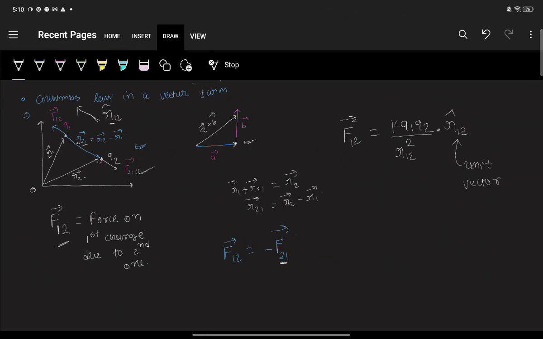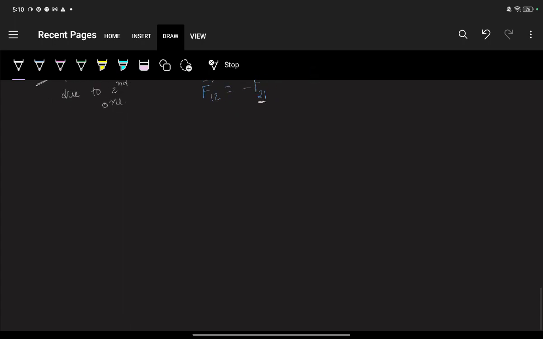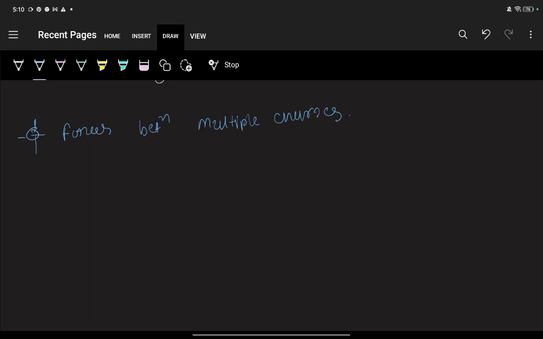Now forces due to multiple charges. So let's take a test charge, let's name it Q, and there are other charges in the surrounding, Q1, Q2, Q3, Q4.